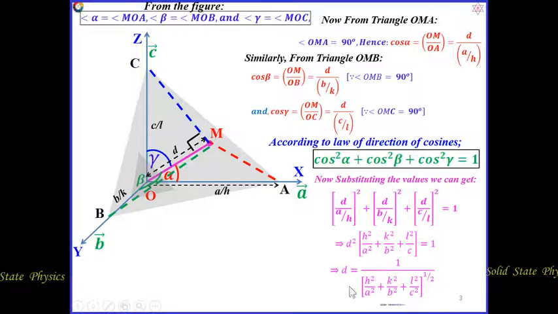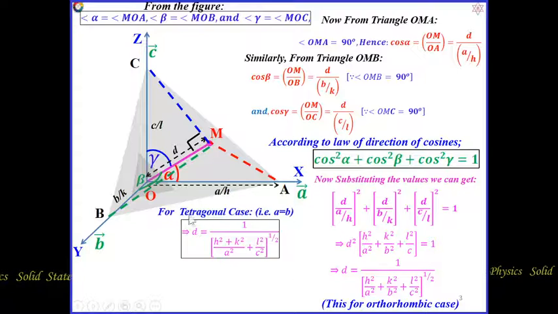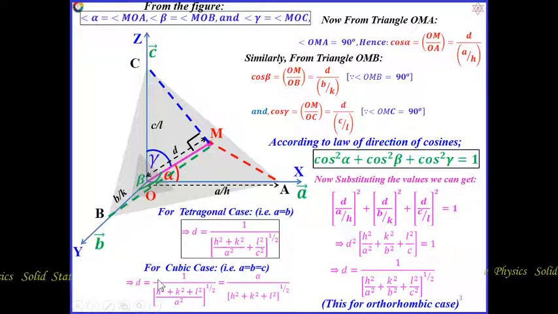This expression is applicable for the orthorhombic case, where a is not equal to b, not equal to c. Now if we consider the tetragonal case, where a equals b, then d equals 1 over the root of h square plus k square by a square plus l square by c square. Similarly, for the cubic case, where a equals b equals c, d equals a by the root of h square plus k square plus l square.